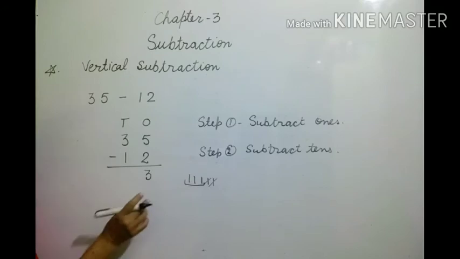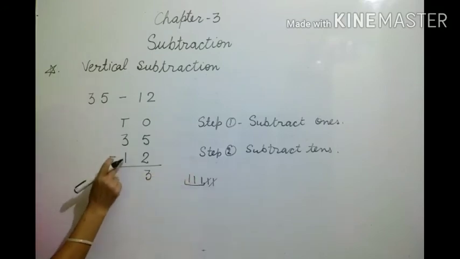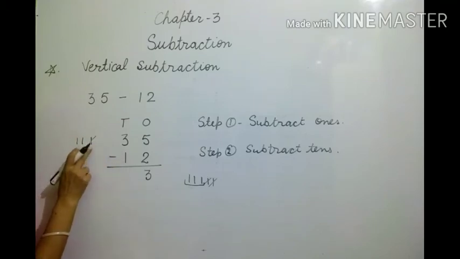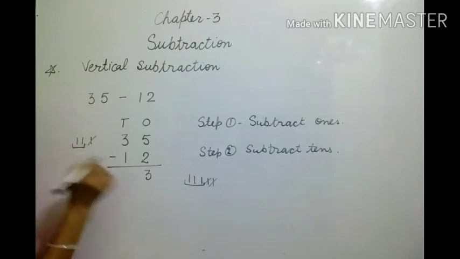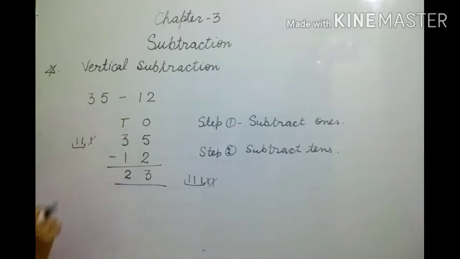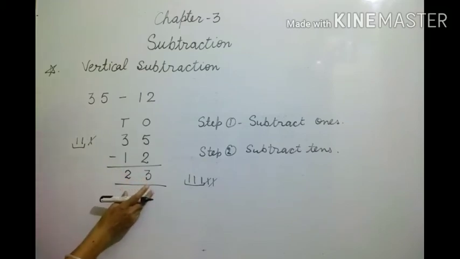Now count how many are left. 3. 3 you will write as the answer. Now 3 minus 1. Cut 1. How many left? 2. Count and then write in tens column. In this way we do vertical subtraction by arranging in columns.